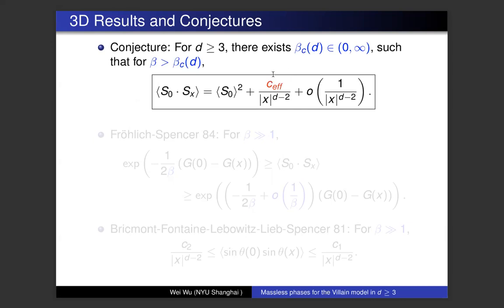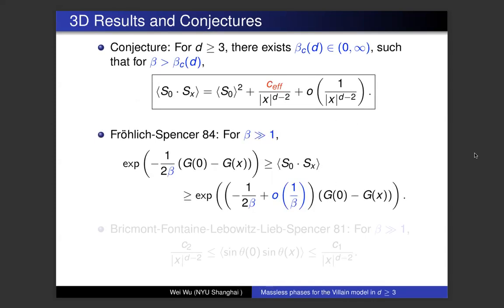It's going to be something which is also corrected by these vortex configurations. And then you have a lower order term. In the 80s, Froelich and Spencer obtained both upper and lower bounds for the two-point function. The upper bound is, again, a Gaussian type upper bound. And for the lower bound, it's going to be more and more precise as beta goes to infinity.